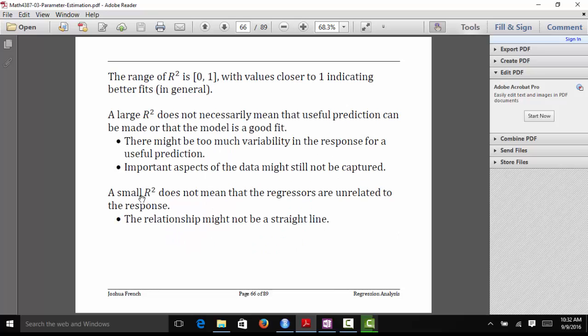And conversely, actually, a small R squared does not mean the regressors are unrelated to the response. So R squared measures whether there is a linear relationship between the regression coefficients and the response. In fact, it's possible that there's some other relationship and the regressors we included just really aren't capturing that relationship.